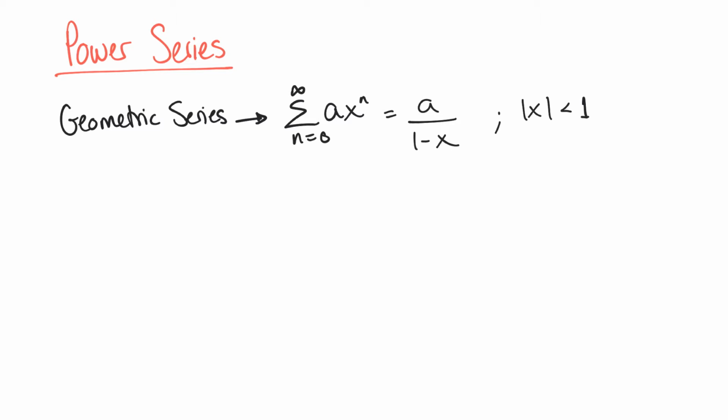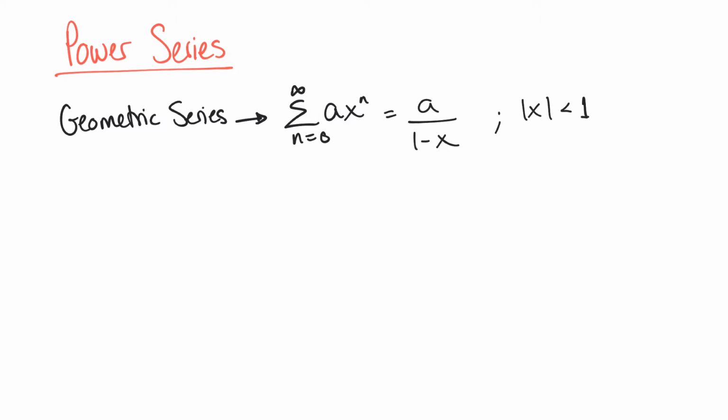An important thing to keep in mind when we talk about geometric series, and then when we expand this definition to power series, is that the concept of convergence will change.